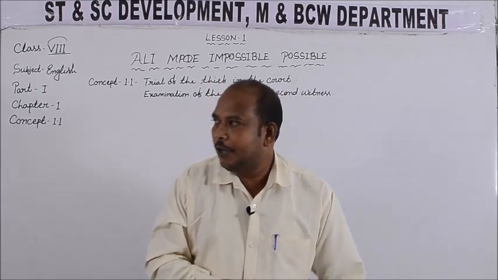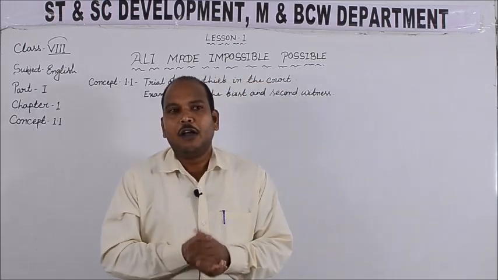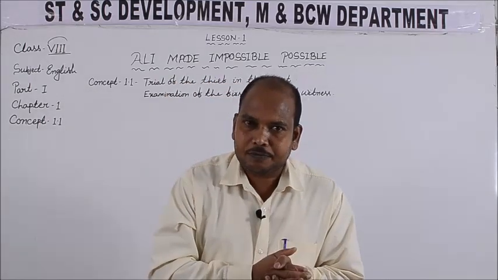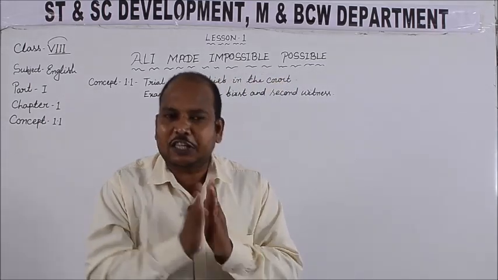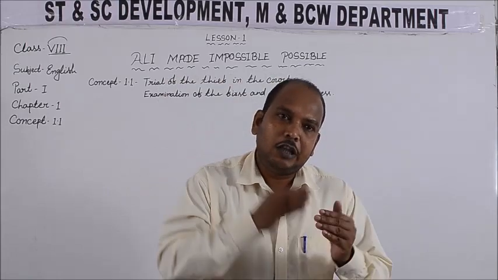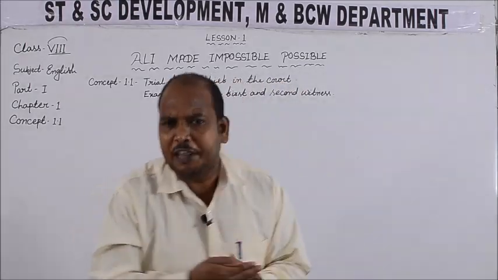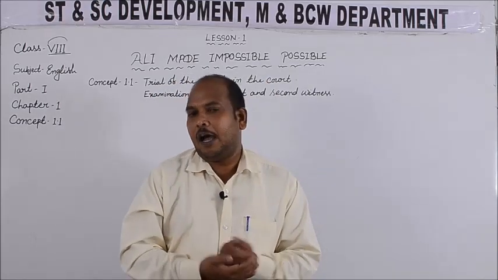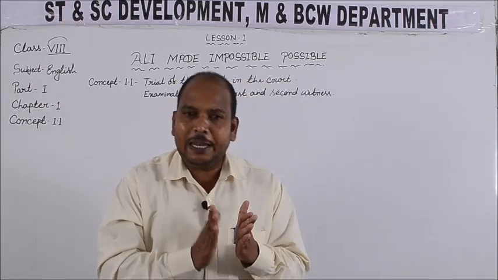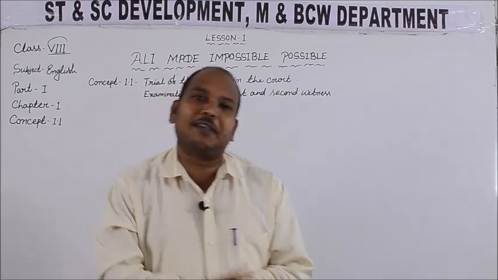So students, today we will discuss a chapter and how the intelligence of the cook of the lawyer helped the lawyer to win a lost case. The name of the chapter is Ali Made Impossible Possible.